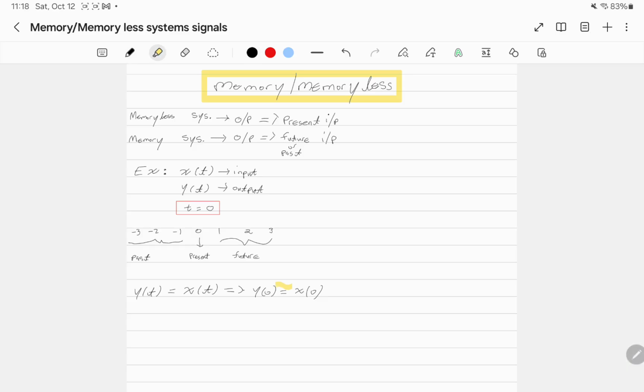So you can clearly see that the output is dependent on the present values of the input. Our present value is the value we plugged in, which was 0. And when we plugged in 0, we get x of 0 back.